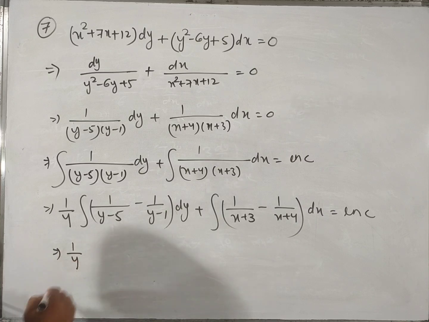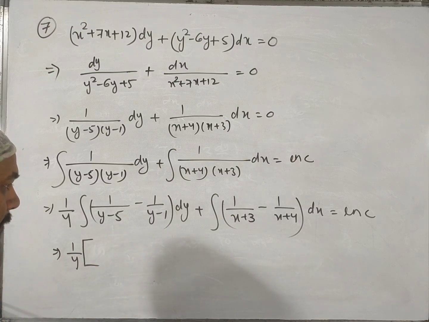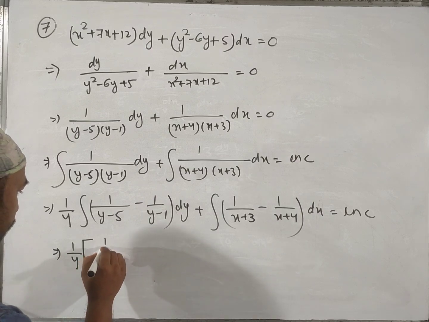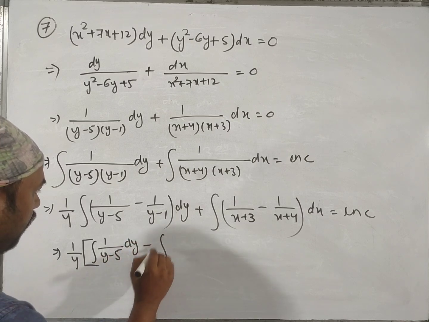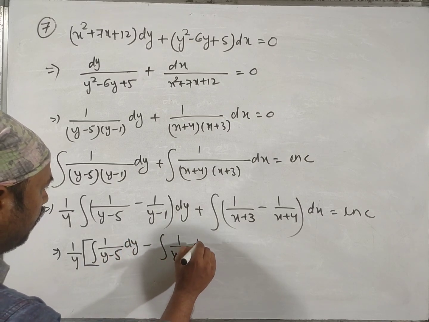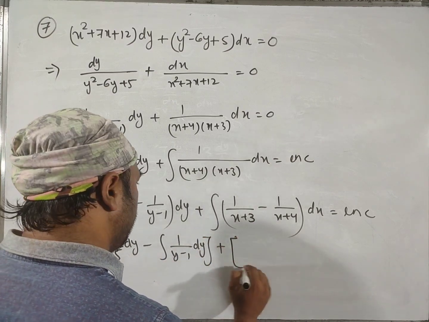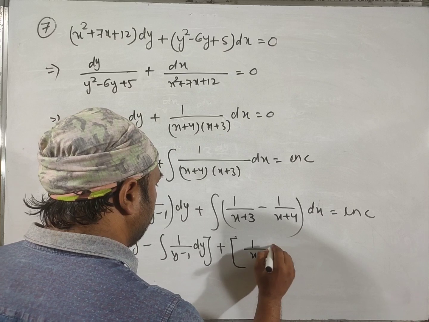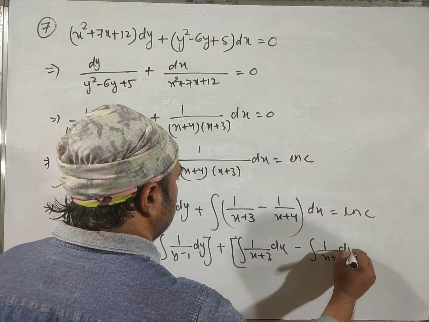Then it will be 1 upon 4 integral of 1 upon y minus 5 dy minus 1 upon y minus 1 dy plus integral of 1 upon x plus 3 dx minus 1 upon x plus 4 dx.